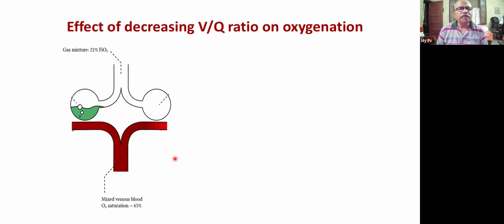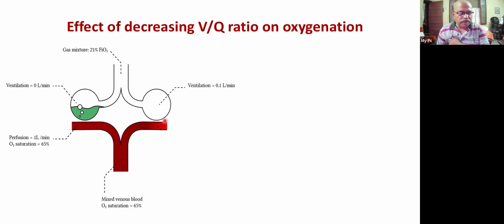So if we have a gas mixture or breathing air of 21% oxygen and ventilation here is 0 liters per minute, the perfusion was 1 liter per minute, so the mixed venous oxygen saturation remains at 65% when it is breathing this alveoli. But look at the other alveoli.